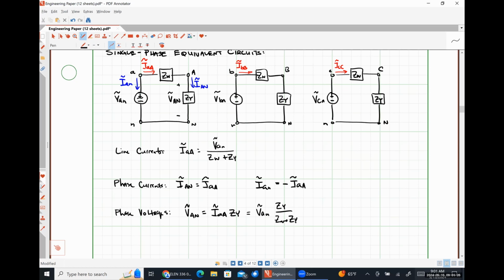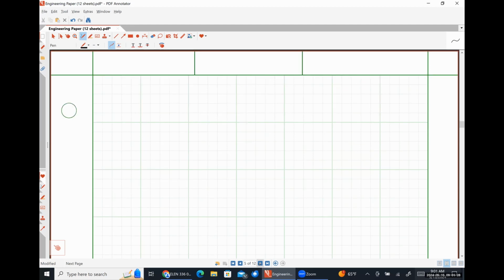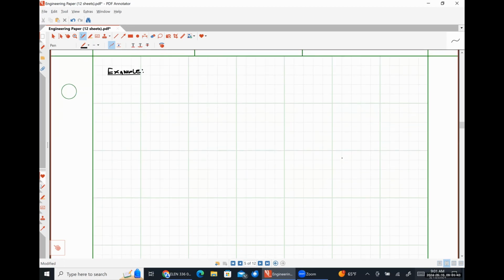So anyway, all right, let me find one of my example problems that's easy, but not too easy. Okay, this will be our last thing for today. I'm going to draw a simple YY system.